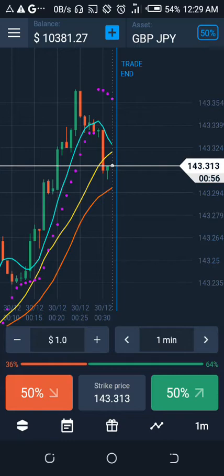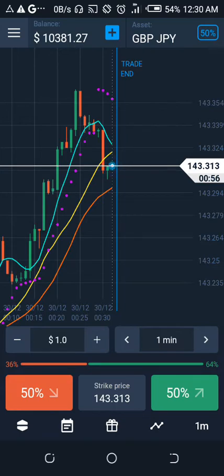Don't forget, our strategy says if green and yellow touch and are facing a downward direction, as you can see, downward direction means down. And I told you that the other word for down in binary is sell, or they can call it put. You can use any of the three.